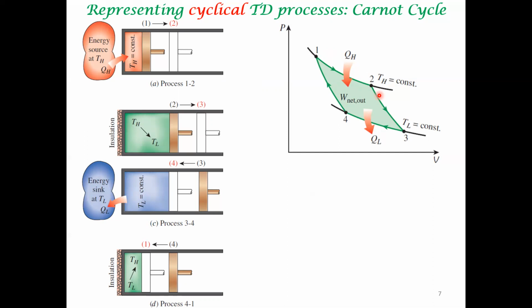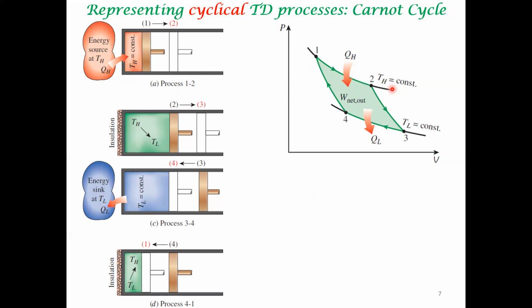So let us see what are the four processes that Carnot used for getting the fluid to the same state after it has seen different processes: work generating processes, heat transfer processes, and so on. So there are four processes. In the first process, let's say 1, 2, you have an isothermal process, that is, the temperature TH is not changing.